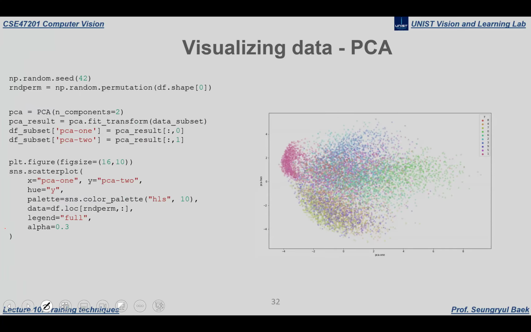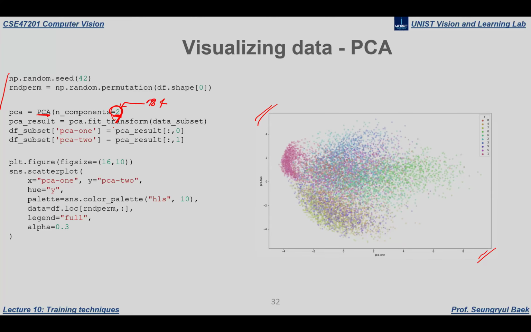For visualizing this figure, I apply PCA with two components. This parameter indicates that we want to reduce the dimension to 2 dimensions. If you specify 3 here, then the resultant feature will be in the 3D space.